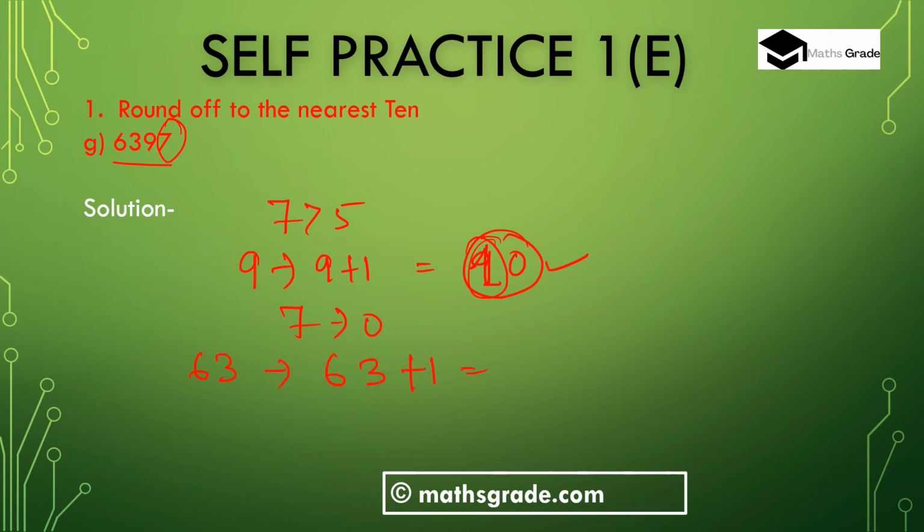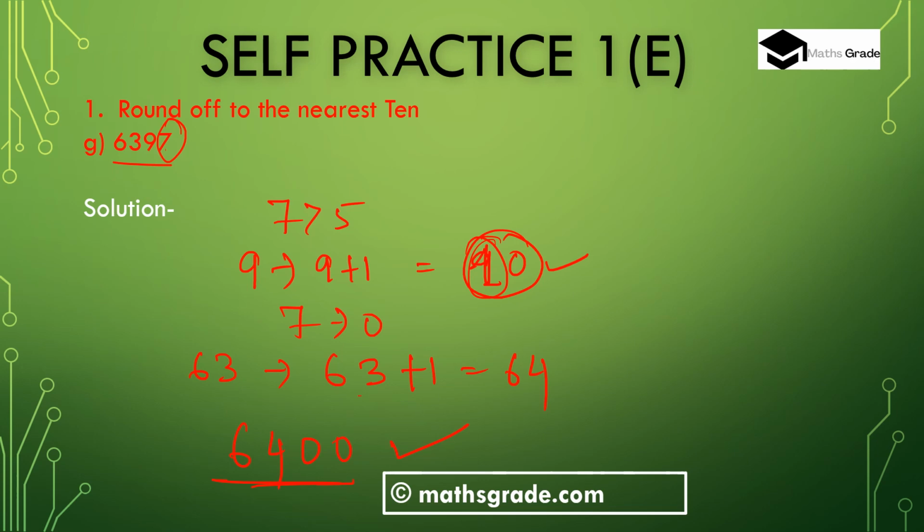This 1 added with 63 is 64. And this 7 changes to 0. So 6400. This is the number. So 6397 rounded off to the nearest 10 is 6400.